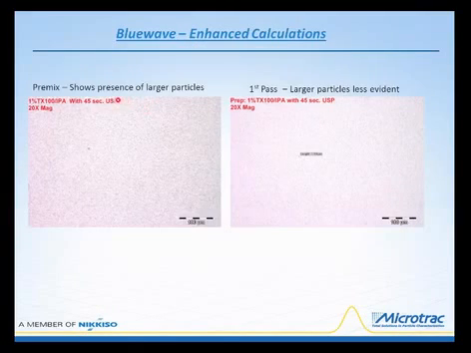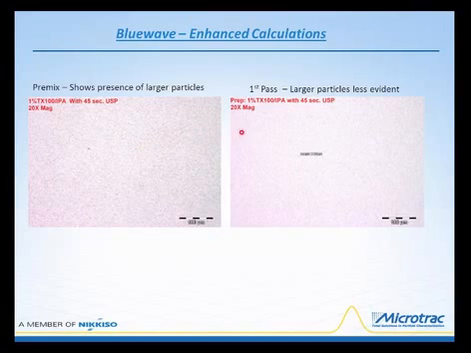Well, with this microscopic photograph, we treated the sample for 45 seconds with ultrasonic energy, and this is what's called a premix. And you can see there are larger particles still present in this sample, but everything seems to be pretty well dispersed in general.